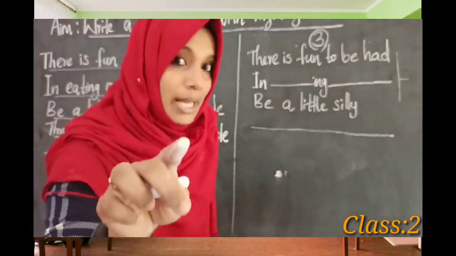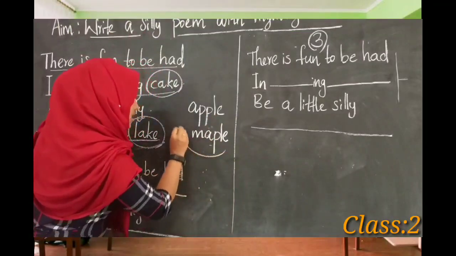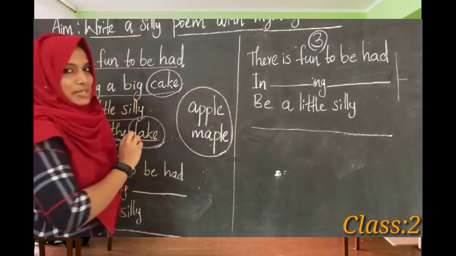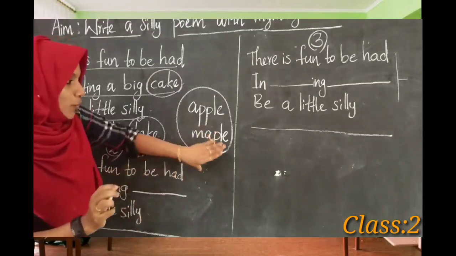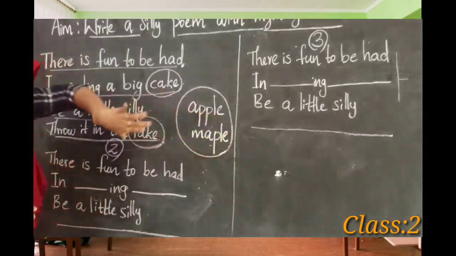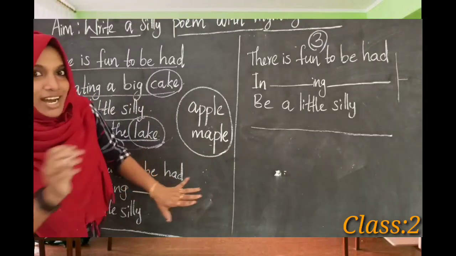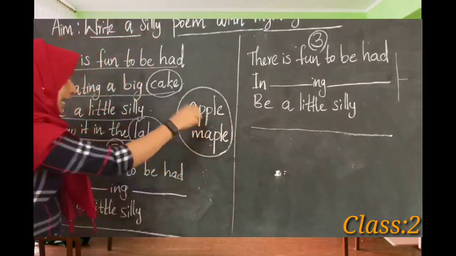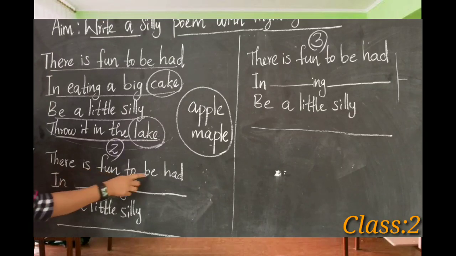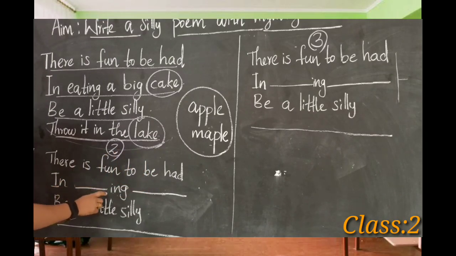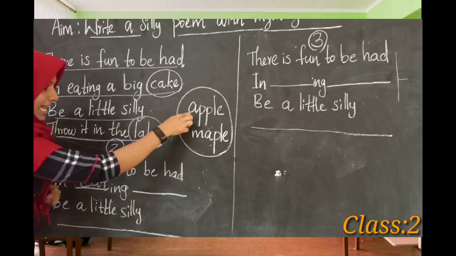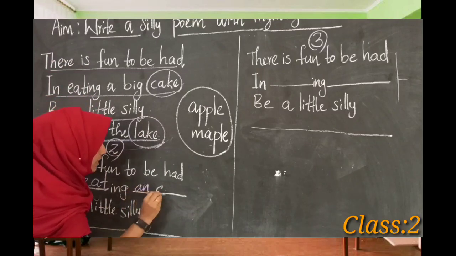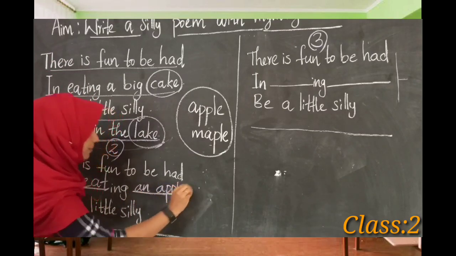Then now I am going to use these 2 rhyming words in this stanza. I am going to read these rhyming words in this stanza. See how the lines will become. So here, there is fun to be had in eating an apple.